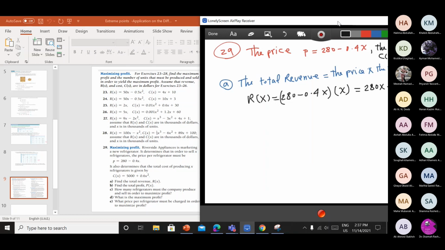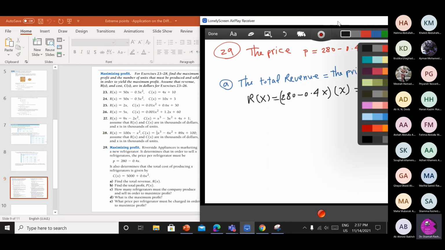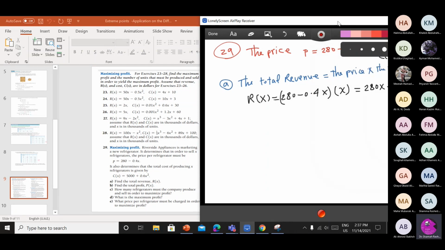Section B. What in section B? Find the total profit. The total profit. So it will come the same, doctor, same idea, right?